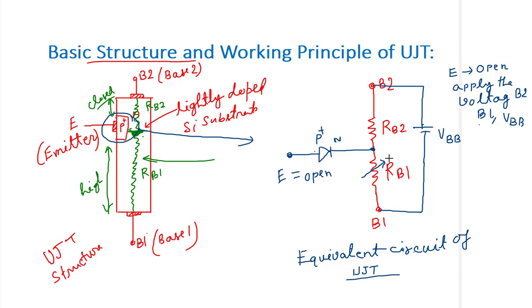First we calculate the voltage drop across RB1. Suppose we consider this voltage drop equal to V1 across the resistance RB1.